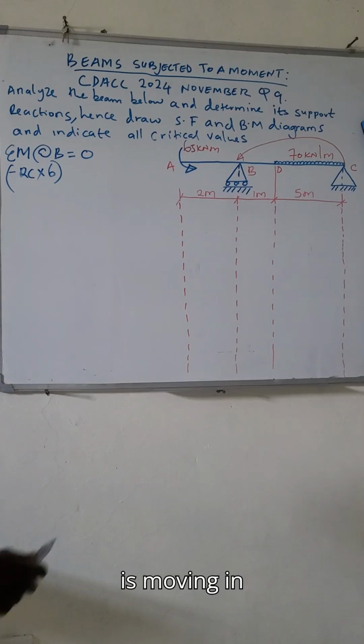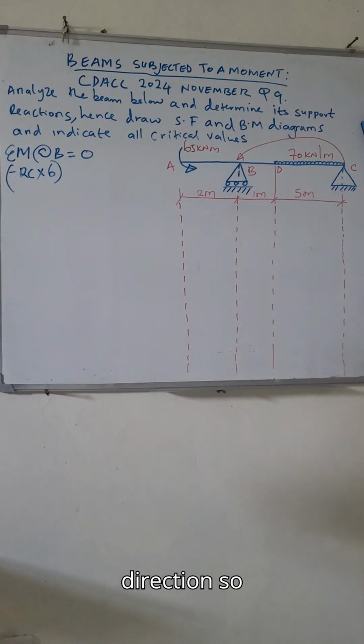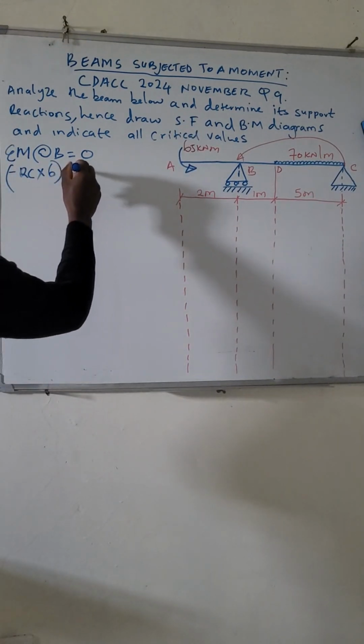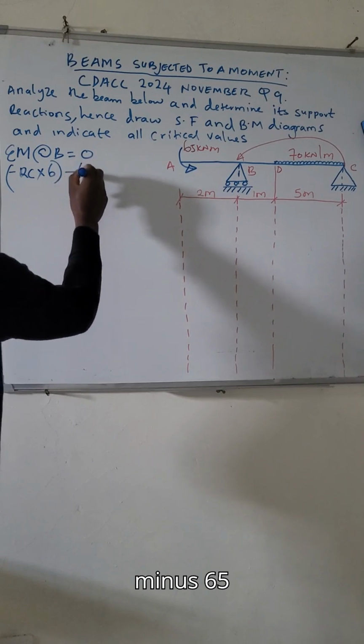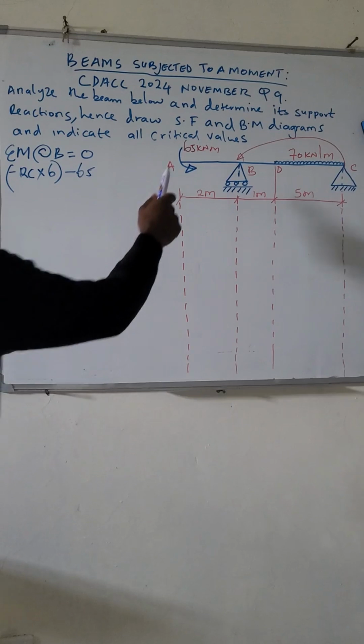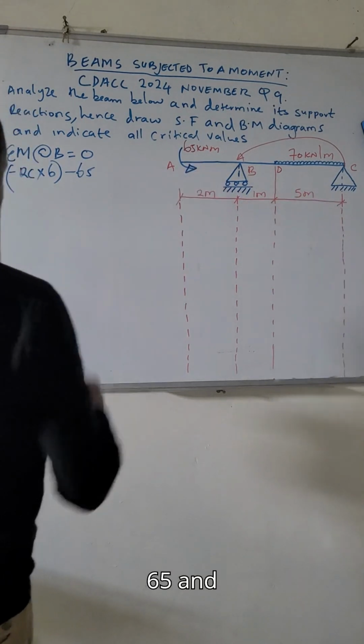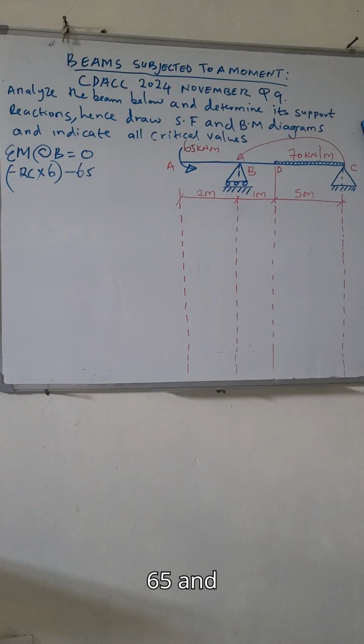So the moment is moving in anti-clockwise direction, so you will minus 65. This 65 is already a moment, so there is no need of multiplying by the distance, which is 2 meters. You just take it the way it is, 65, and subtract it.